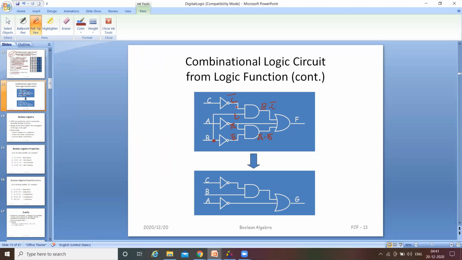This is the function. How many gates are there? 1, 2, 3, 4, 5, 6. 6 gates are required. And these two circuits perform the same function with fewer gates: 1, 2, 3, and 4. Only 4 gates are required. Which one is the more efficient design?